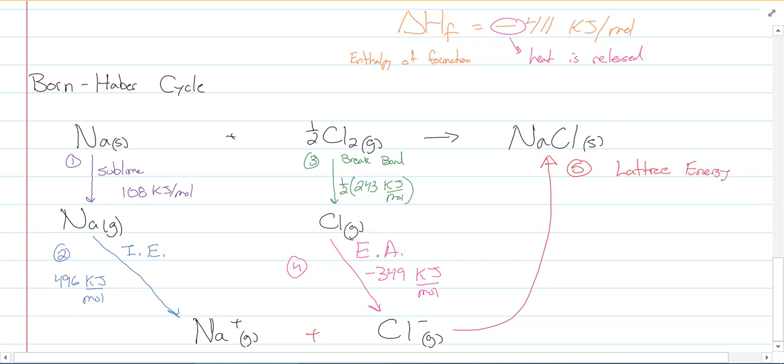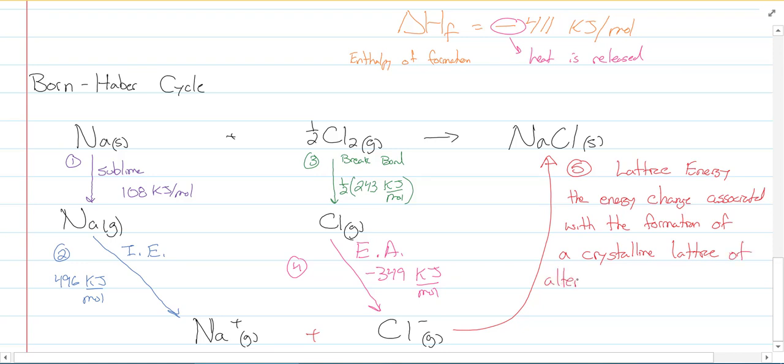And this is the energy released, or the energy change, let's say, associated with the formation of a crystalline lattice of alternating cations and anions from the gaseous ions.